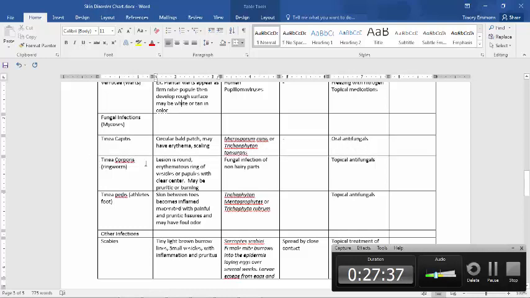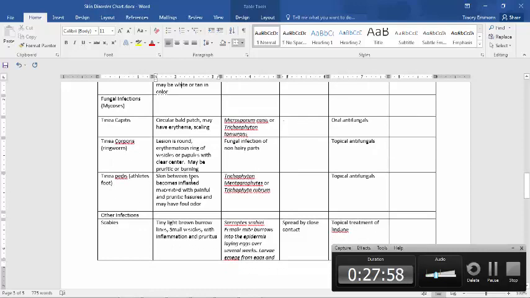Ringworm, Tinea corporis, is where it forms an erythematous ring of vesicles or papules, and can be itchy or burn. It usually occurs on non-hairy parts of the body, and is treated with topical antifungals. Tinea pedis or athlete's foot is where the skin between the toes becomes inflamed, macerated, with painful or pruritic fissures, and may have a foul odor.